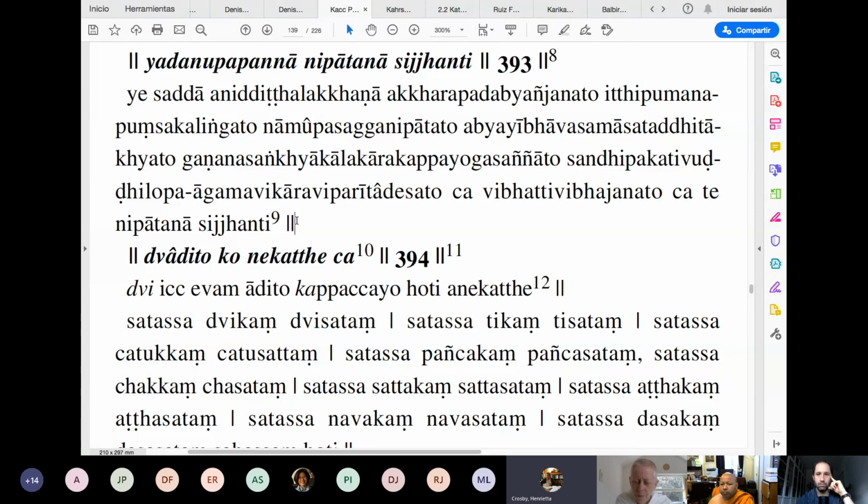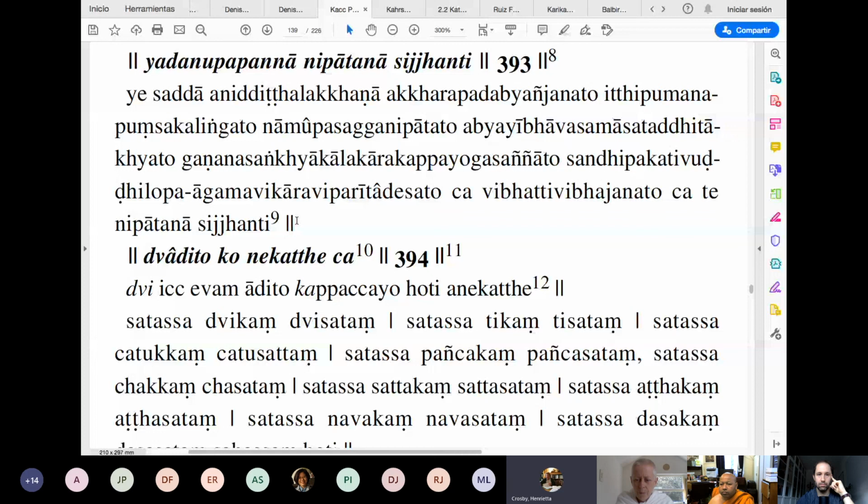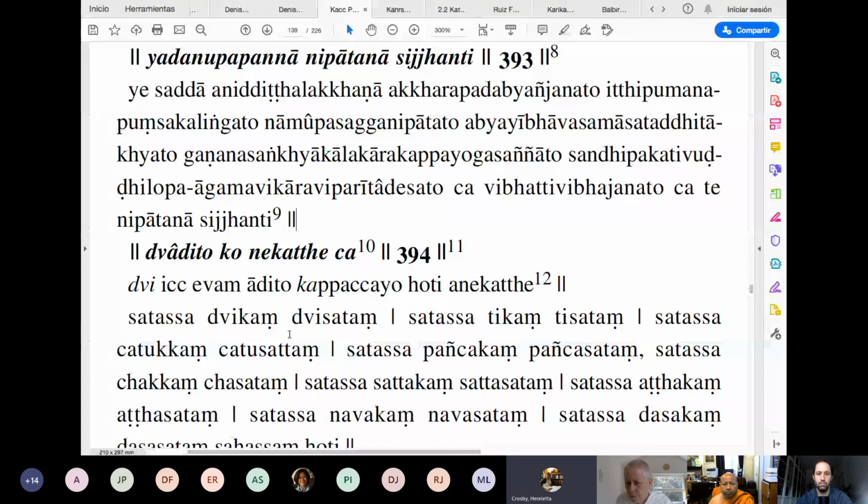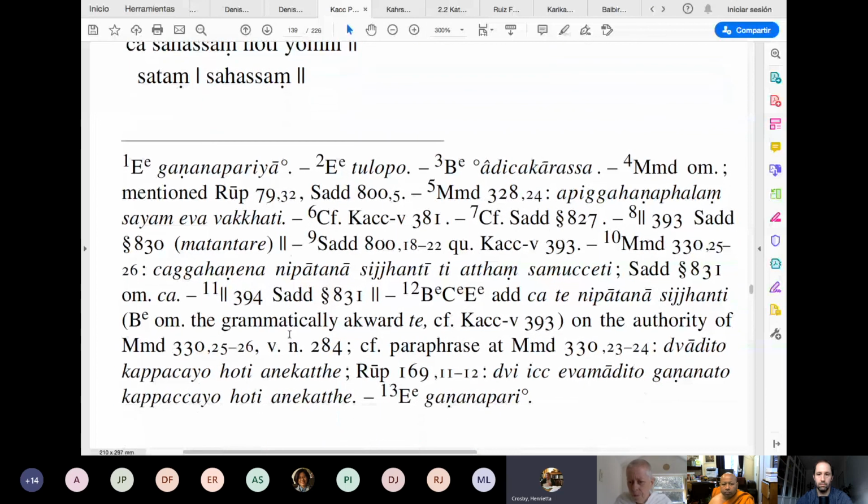So basically, trying to disperse the suffering of others, he's using this kira in the sense of removal as a basis of karana, as far as I can see, which is really a stretch.